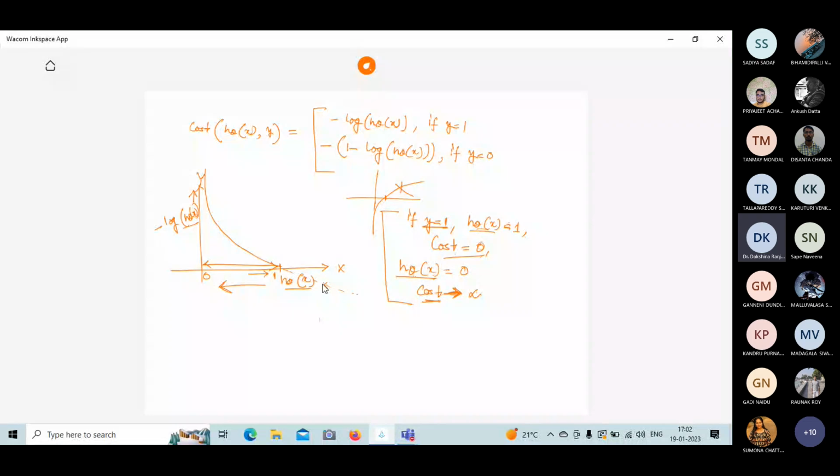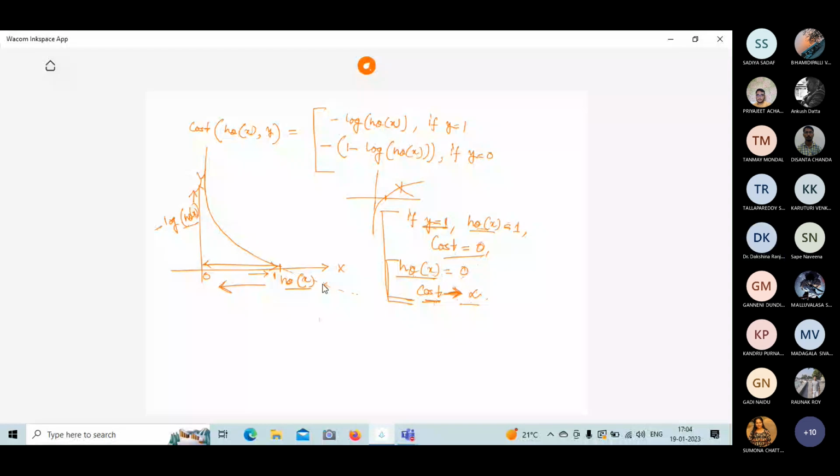In that case, the cost function will give us infinity. This curve will go parallel to the y-axis. So this is called infinite. The value of the cost is infinite when the hypothesis representation is 0 despite the class level being 1.